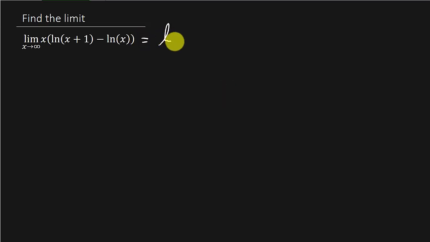Let's write this. The limit as x goes to infinity of x times, now let's use our logarithm properties, the natural log of x plus 1 over x. Remember, we have a property that says if we're subtracting logs, we can bring this together as one log and divide the two.